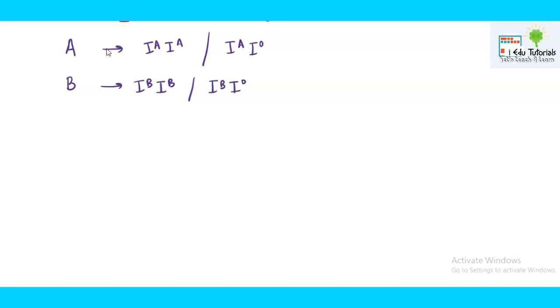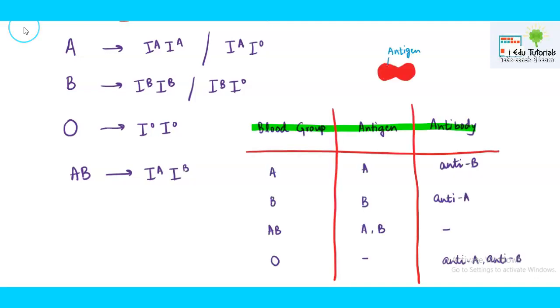Remember, IO always defines the recessive condition. If a person has blood group O, the only possible genotype of that person could be IOIO. And if a person has blood group AB, then the only possible genotype will be IAIB.